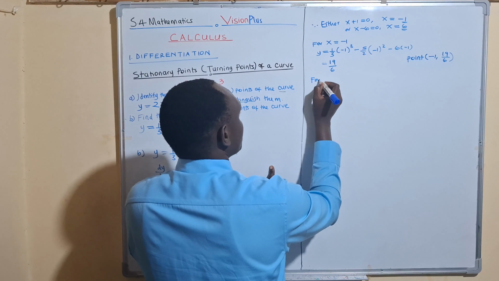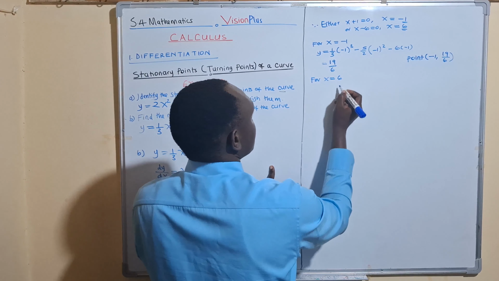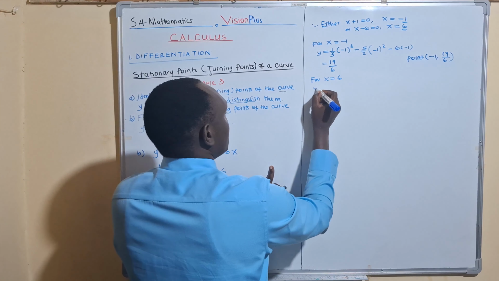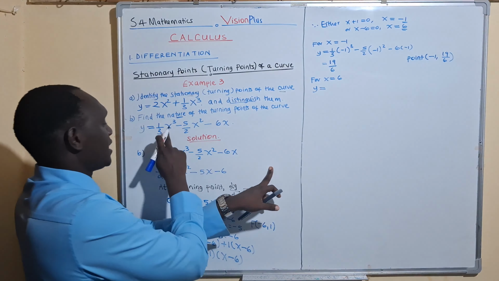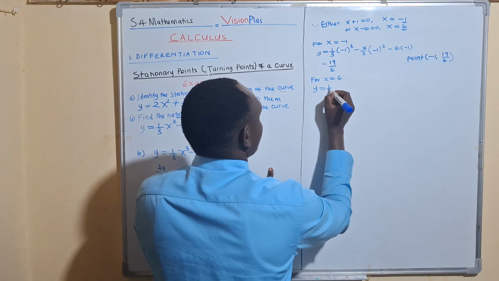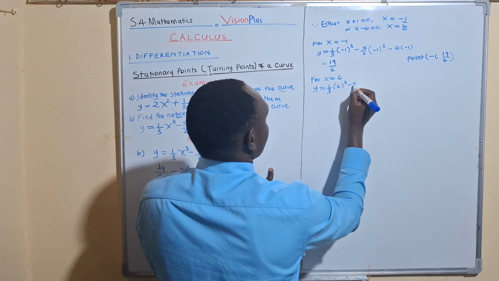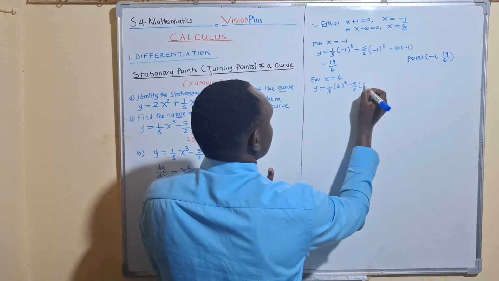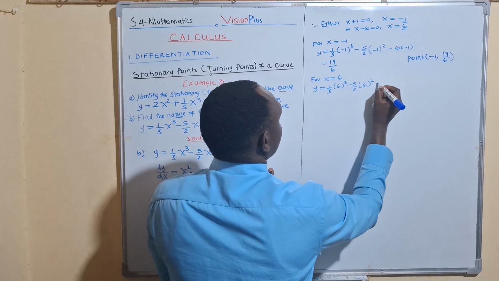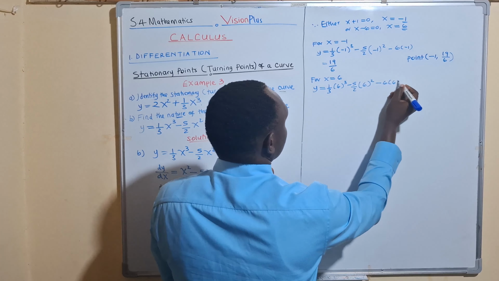The other turning point is when x is 6. So for x is 6, we substitute in the equation of the curve. I'll have 1/3 times 6 cubed, minus 5/2 times 6 squared, minus 6 times 6.